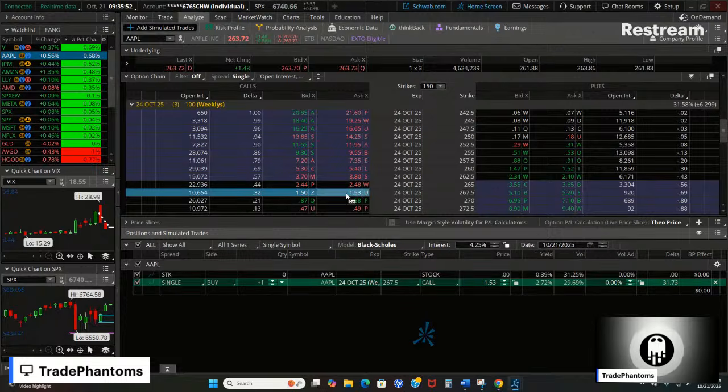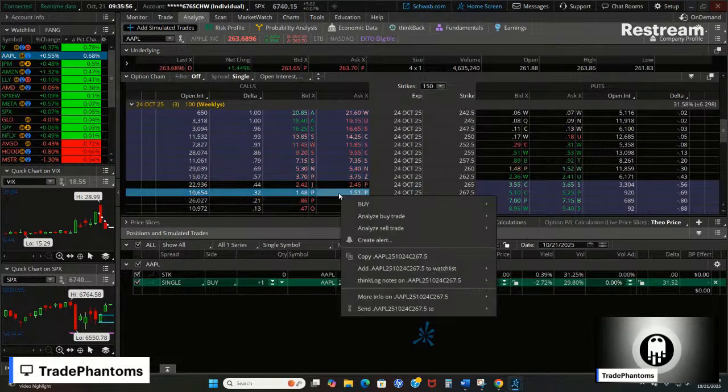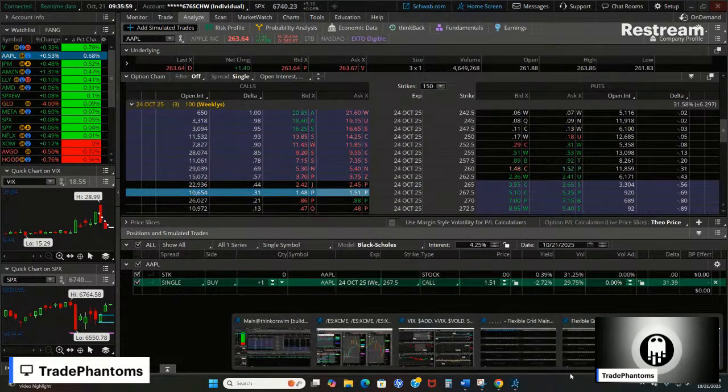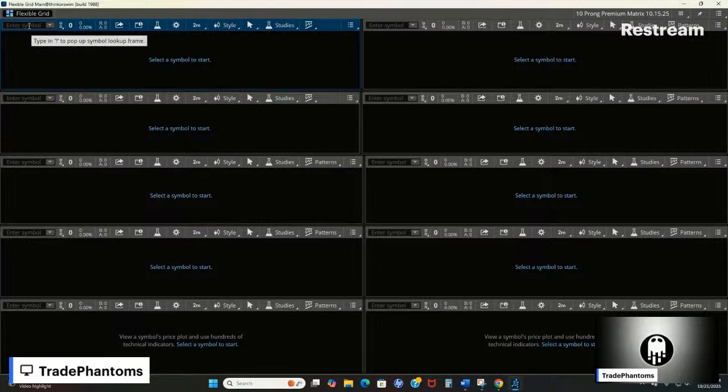These ones a little bit more further out. This will be a lower delta here. All right, so if I pick this up here, right click, copy this code. This is a further out of the money on delta.